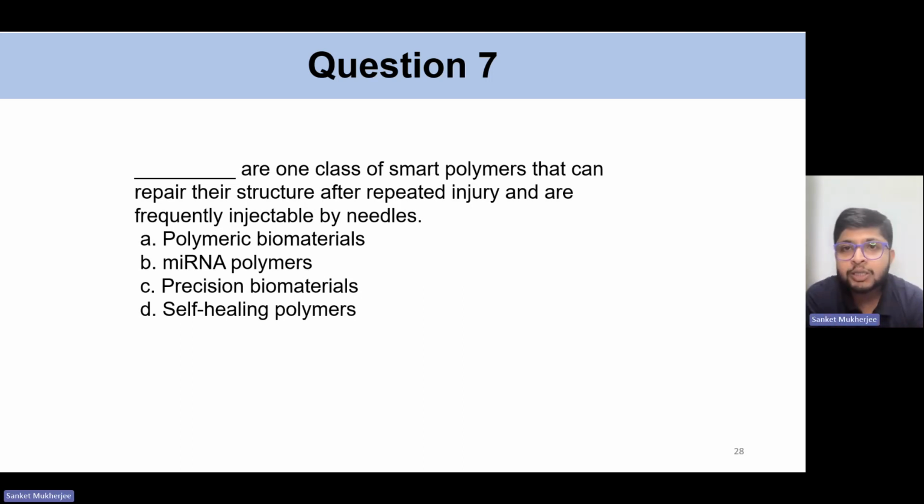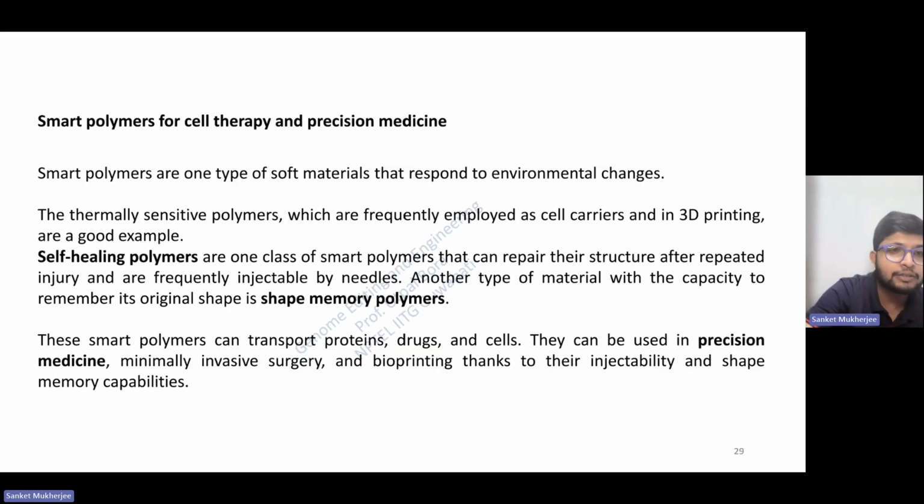Okay, so the options are pretty self-explanatory. Self-healing polymers are the class of smart polymers that can repair their structure after repeated injury and are frequently injectable by needles. So let's talk about smart polymers. Smart polymers are one type of soft materials that respond to environmental changes.